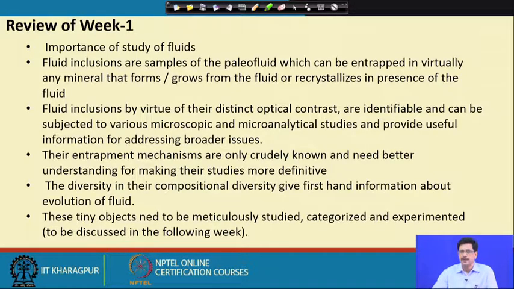The following lectures will be discussing them in greater detail and taking up specific situations, and the principles that we will require, we will be discussing in detail. Thank you.